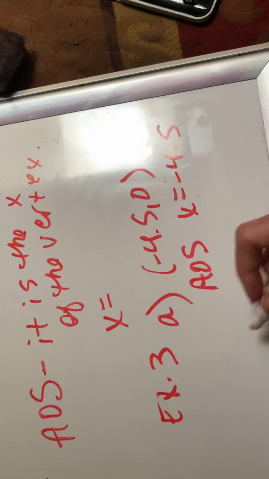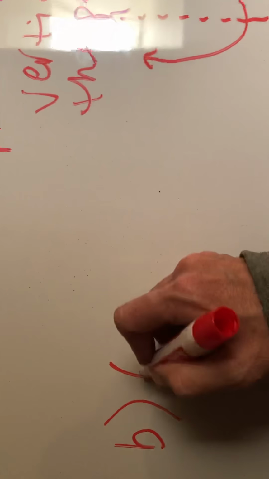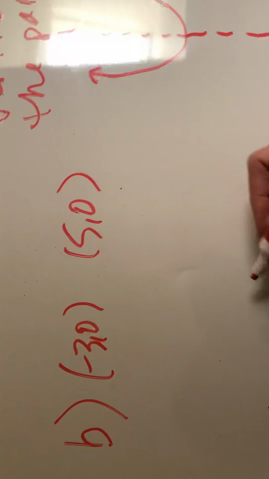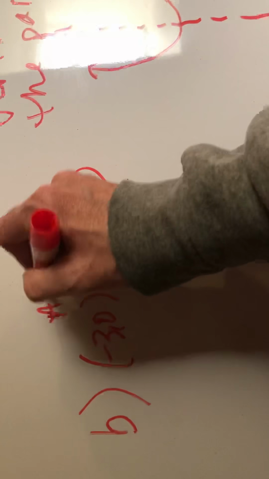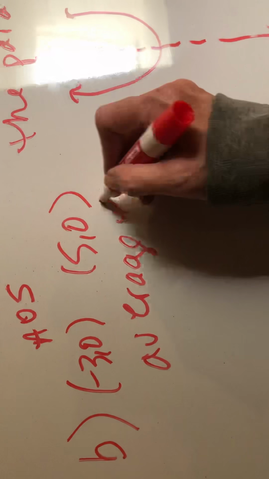Now, on B, they don't give you the vertex. On B, they actually give you x-intercepts. They give you (-3, 0) and (5, 0). So what you would do on this to find your axis of symmetry is you would average the x-intercepts.